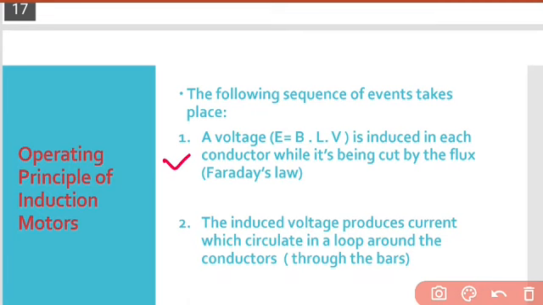The next point says that the induced voltage produces current which circulates in a loop around the conductors. So whatever voltage is induced produces current in the rotor, which circulates in a loop around the conductors.